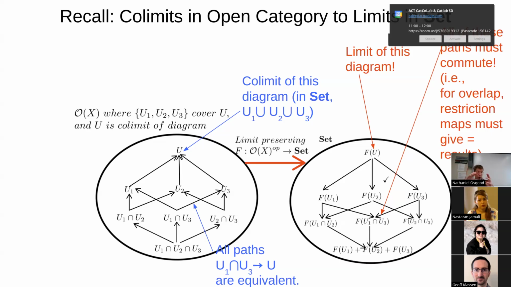If we have a category where the objects are sets, and the morphisms from A to B mean A is a subset of B. In other words, A is included in B. What's the limit there?